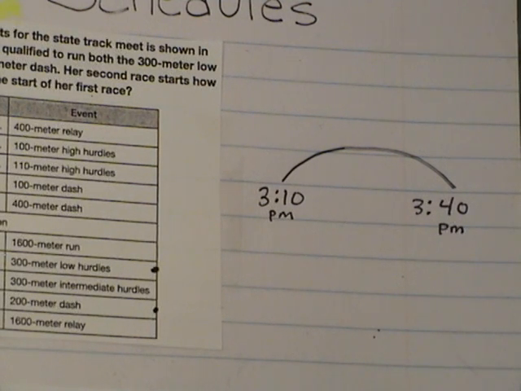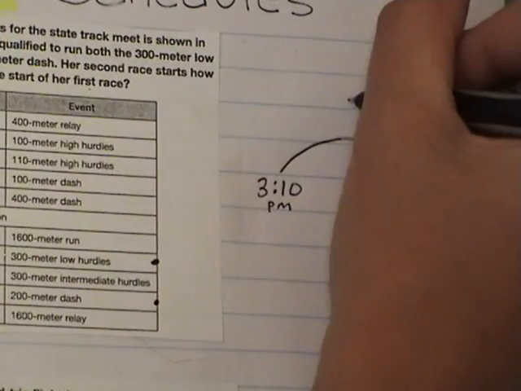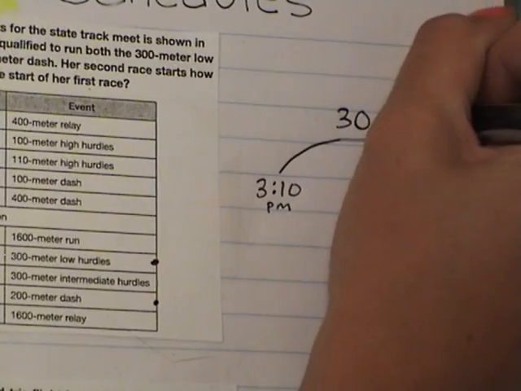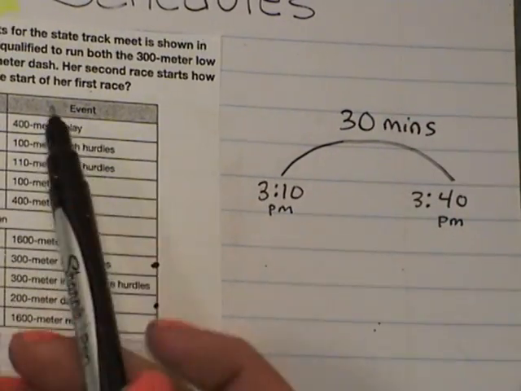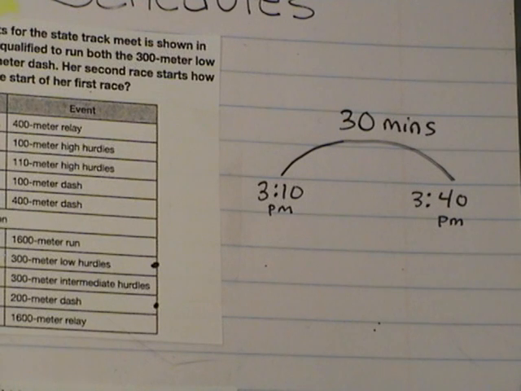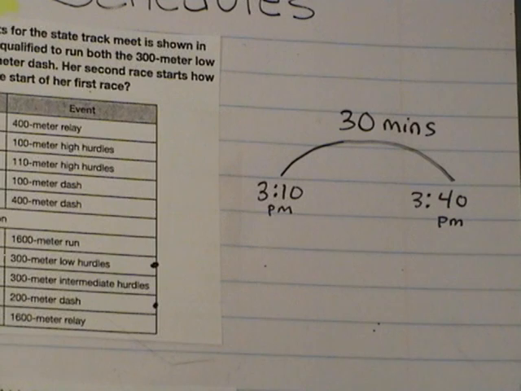If I add 30 minutes onto 3:10, or I take 30 minutes away from 3:40 p.m., I would get the time. So this is 30 minutes. Our question says, how many minutes after the start of her first race does her second race start? And it is 30 minutes. So just as simple as that. We're just really looking to read schedules and determine how many minutes are in between each, or even hours.